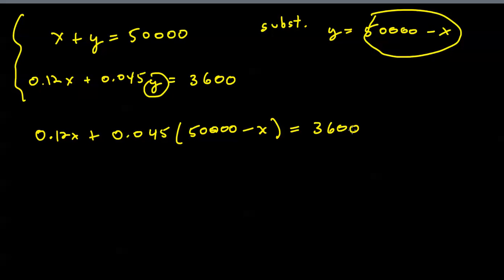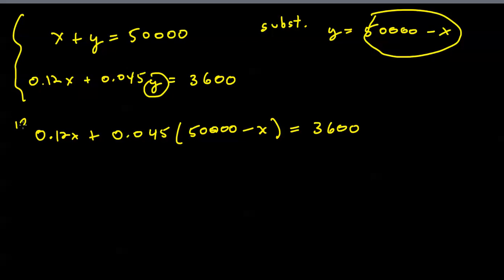We've got some decimals here, and just like with fractions, I'm going to try to get rid of these decimals in one swoop. If I multiply by 1,000, all these decimals will go away. Notice 0.045 means 45 thousandths. So I'm going to multiply both sides of this equation by 1,000.